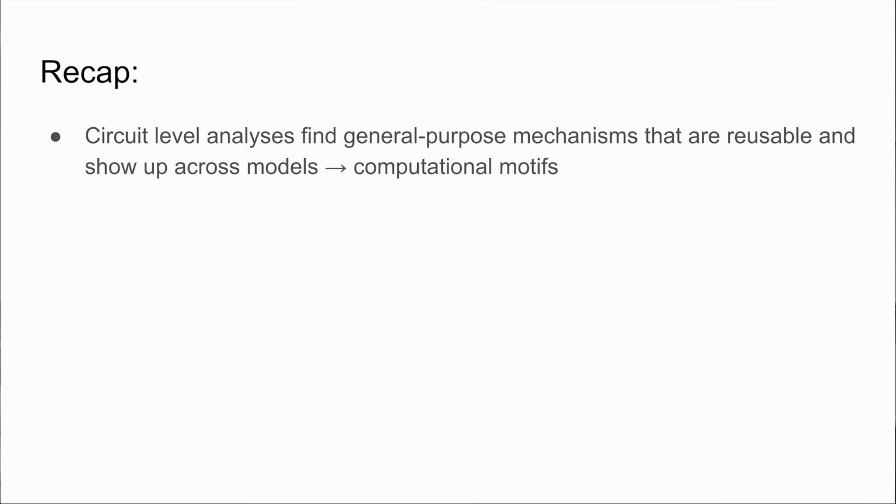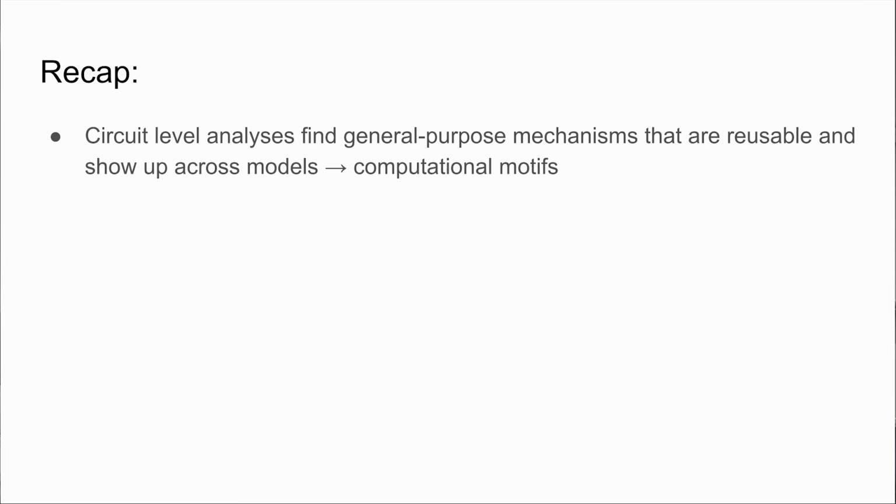So yeah, just to quickly recap. I think there's a good argument for doing circuit-level analysis, which is typically extremely fine-grained, where you are looking at very small components in a network. Attention heads are maybe even larger than you would typically look at.